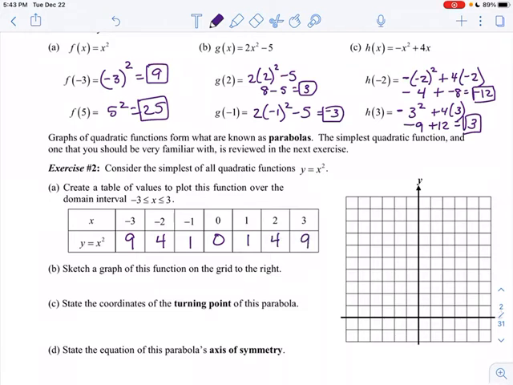Okay, so I'm going to plot these: 0, 0, 1, 1, -1, 1, 2, 4, -2, 4, and 3, 9, and -3, 9. So that's my parabola right here.